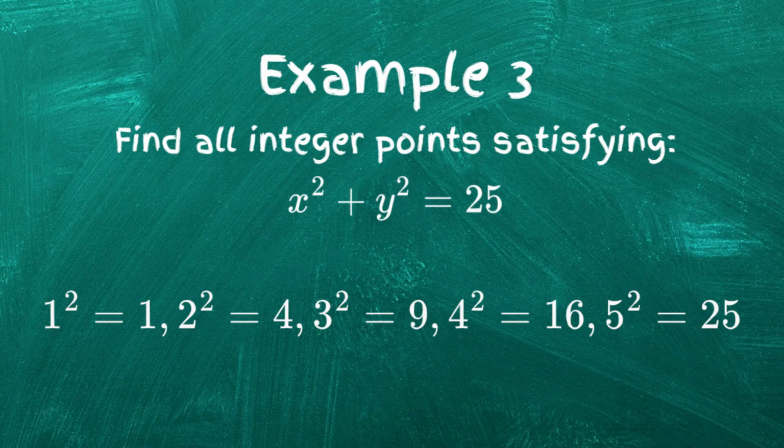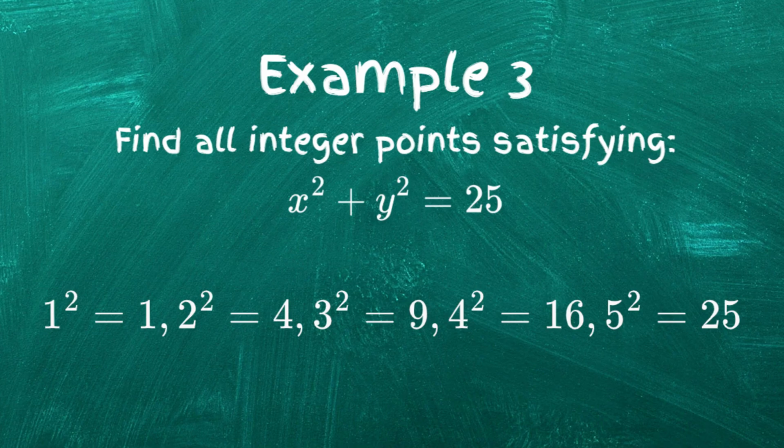Pair 3, we also have 3 squared plus 4 squared, where 3 squared is equal to 9 and 4 squared is equal to 16, so that adds up to 25. So this gives 4 more points because signs can vary. So we have (3, 4), (3, -4), (-3, 4), (-3, -4).